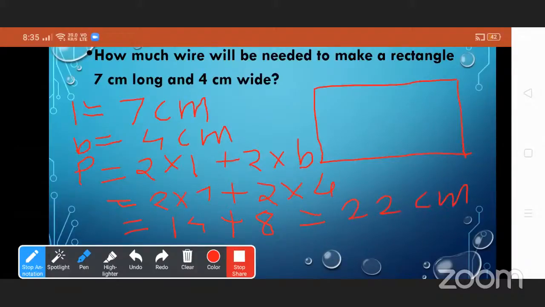Okay, good. We require 22 centimeter of wire to make a rectangle 7 centimeter long and 4 centimeter wide.